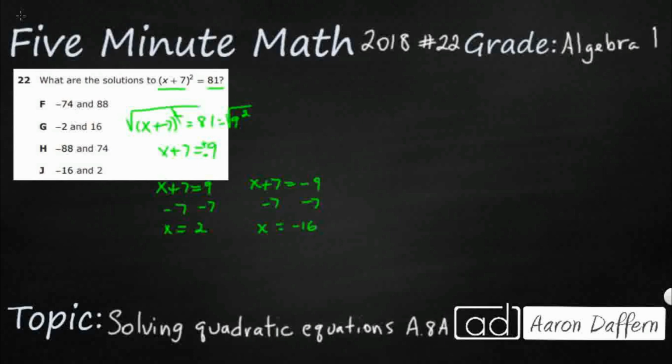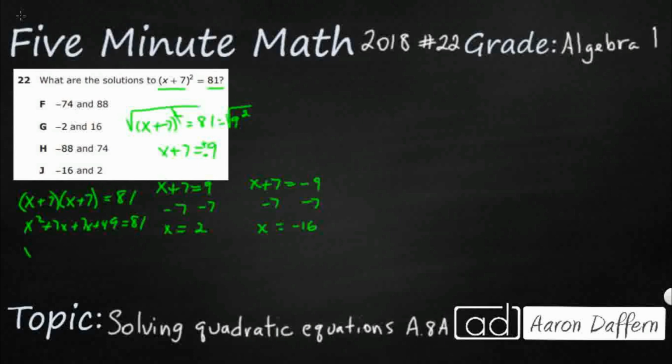Super efficient. Now, let me just show you that the quadratic formula always works. In this case, it's going to take a little bit more time, but it always works. So what is this x plus 7 squared? Well, that's x plus 7 times x plus 7, right? Equals 81. So that's going to be x squared plus 7x plus 7x plus 49 if we FOIL it out.